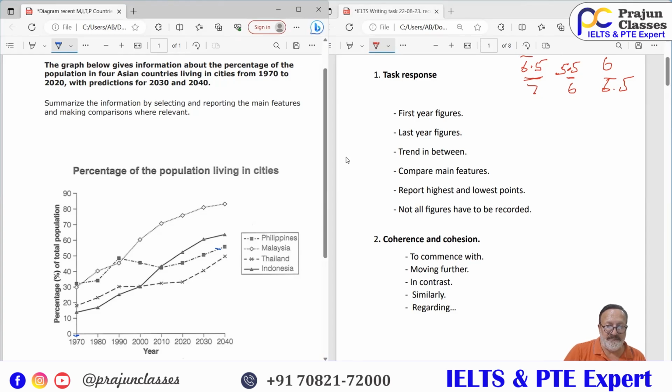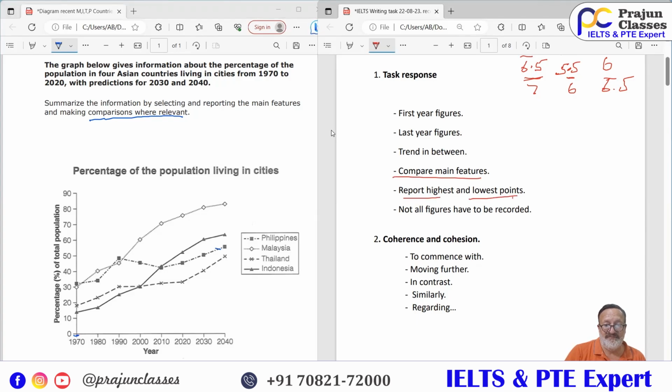Then you have compare main features. So here you see you have written make comparisons where relevant. So the task itself demands of us that we should compare data. So compare main features. Then you have report the highest and lowest points. This is again very important.